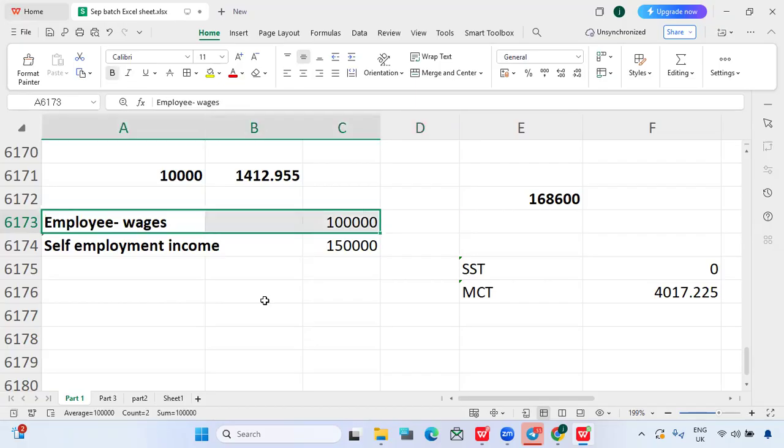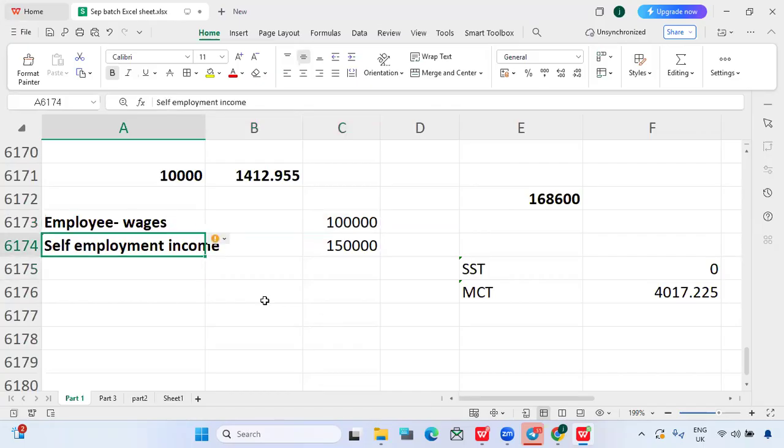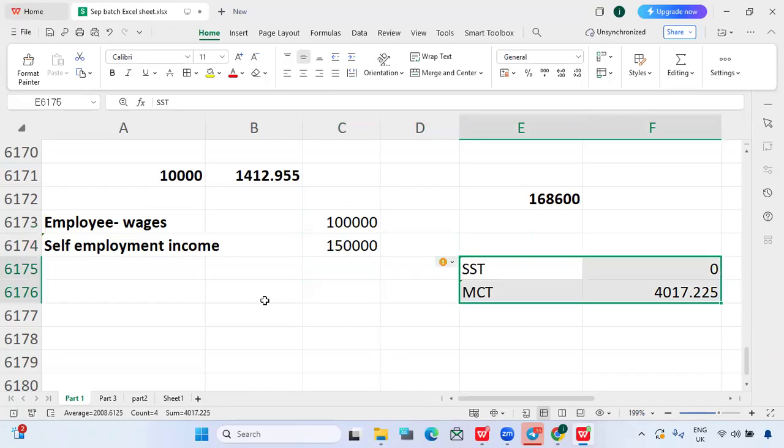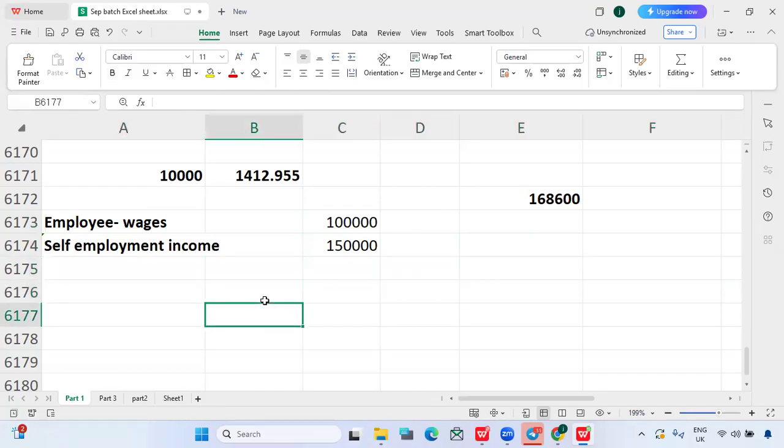Usually in employee cases, the employer will do the withholdings. When it comes to self-employment income, you yourself have to pay at the time of filing your income tax return, right? Right now we have two incomes. One is wages income of 100 and we have self-employment income of 150. Now when we calculate FICA taxes, take the base limit 168,600.